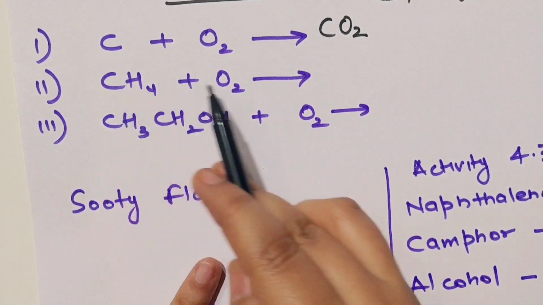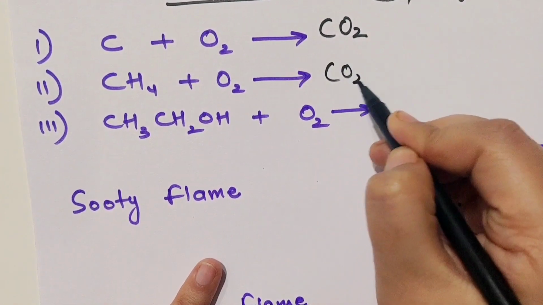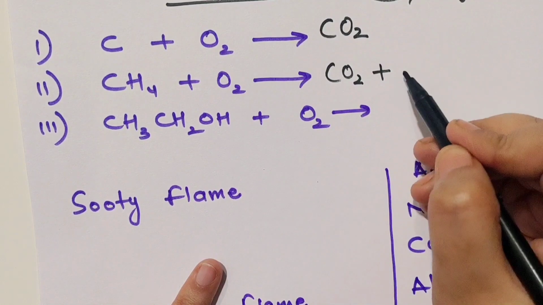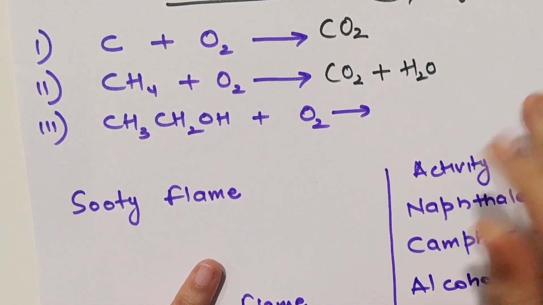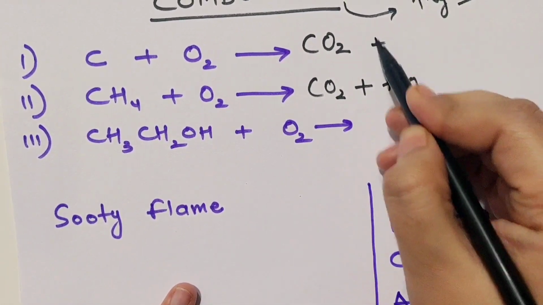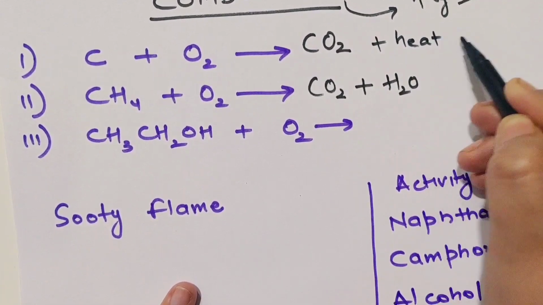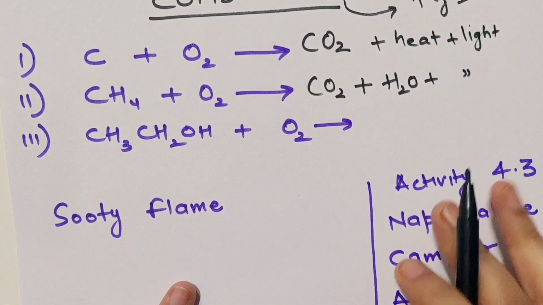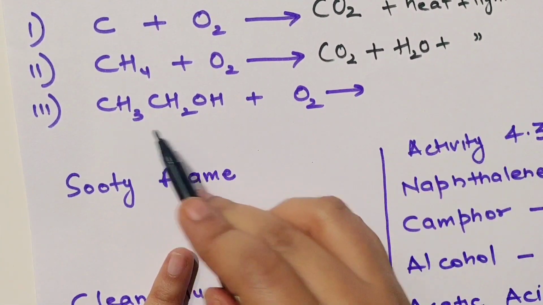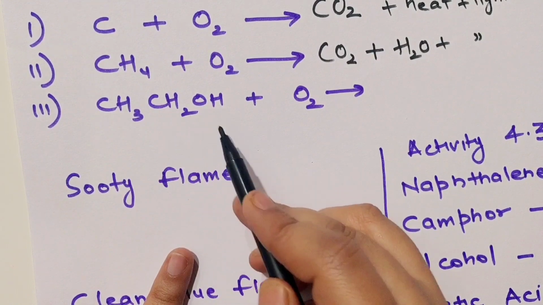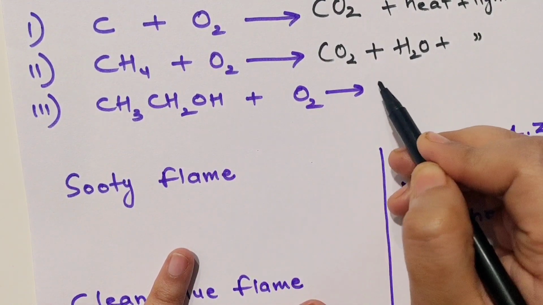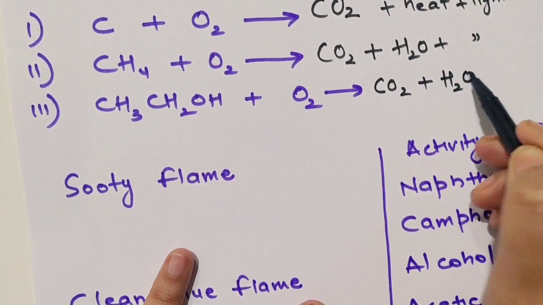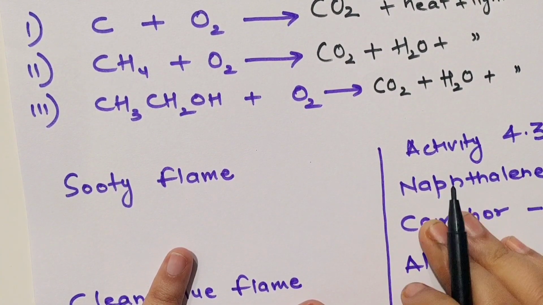First, when carbon reacts with oxygen to give carbon dioxide, and then when hydrogen reacts with oxygen to give water. Needless to say, they always liberate heat and light. Now here, alcohol, it has carbon, hydrogen and oxygen. Regardless of that, there would be only two products, carbon dioxide and water, and again heat and light.